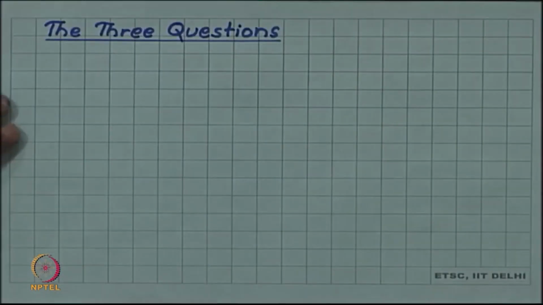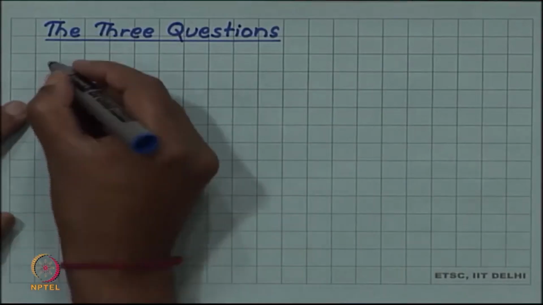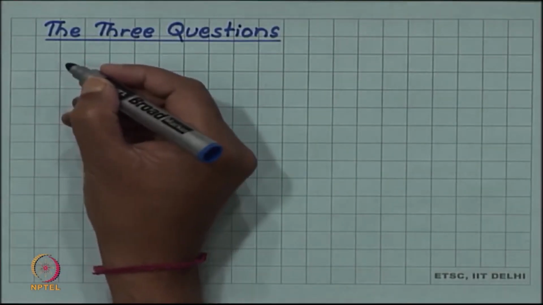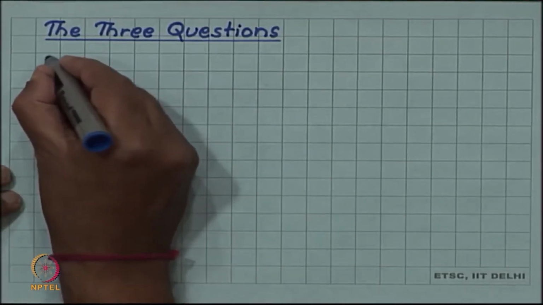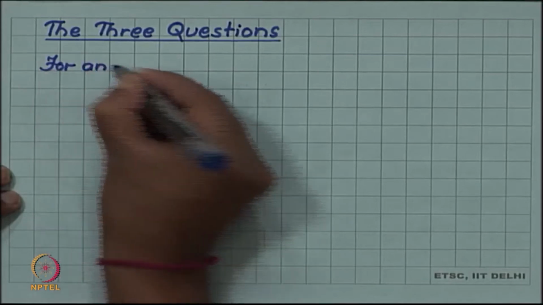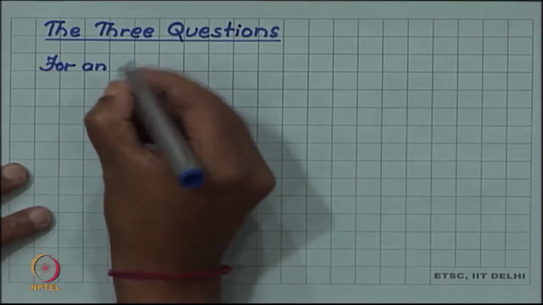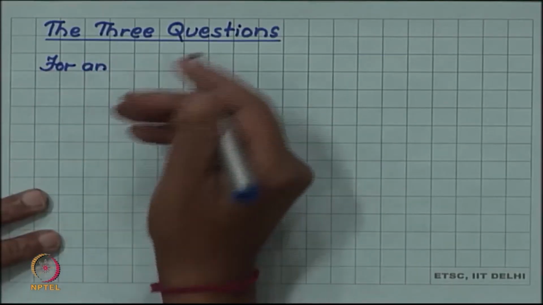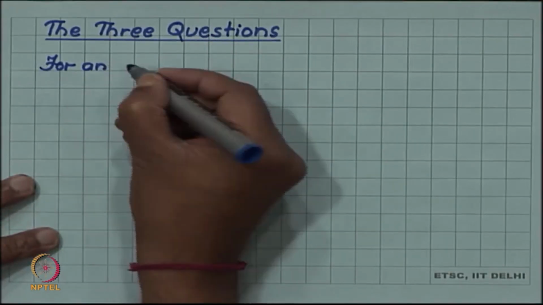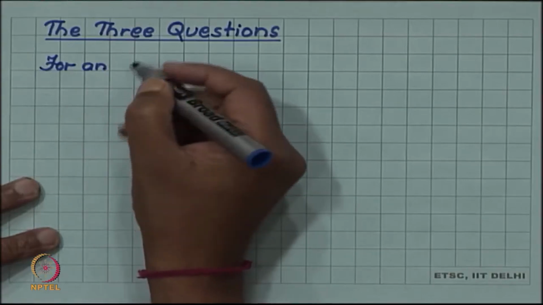Now, with respect to any constitution point, 3 questions can be asked, and let us list those 3 questions. For any constitution point x, T, the phase diagram can answer those questions. So, these questions are important, and it is important to learn how to use the phase diagram to answer these questions. So, first let us make a list of these questions.